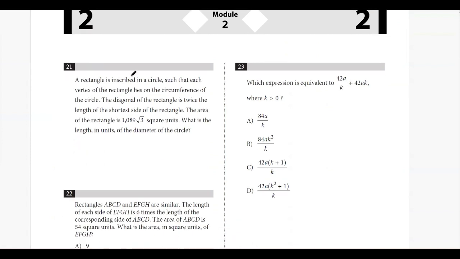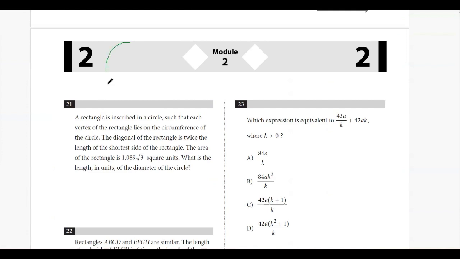A rectangle is inscribed in a circle, so I'm going to go ahead and draw this out here, such that each vertex of the rectangle lies on the circumference of the circle. The diagonal of the rectangle is twice the length of the shortest side of the rectangle. The area of the rectangle is 1089 square root 3 square units.